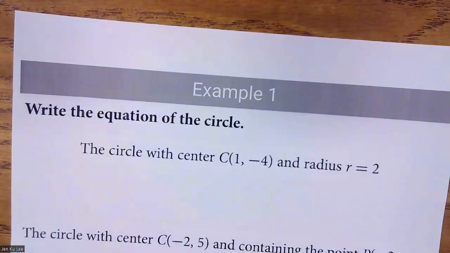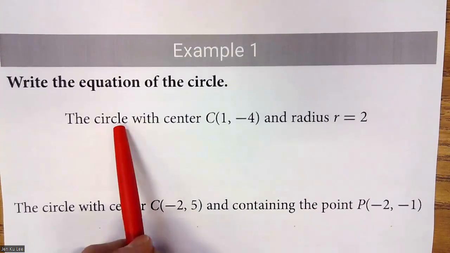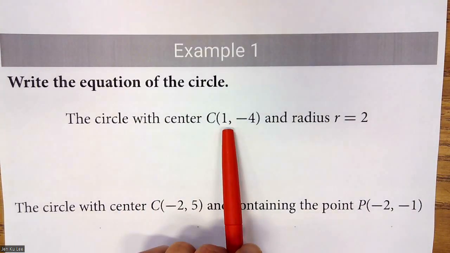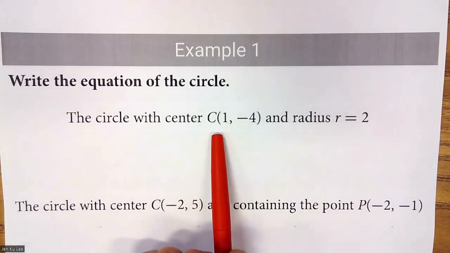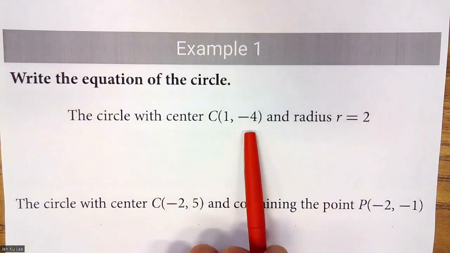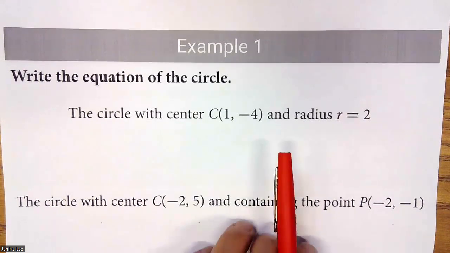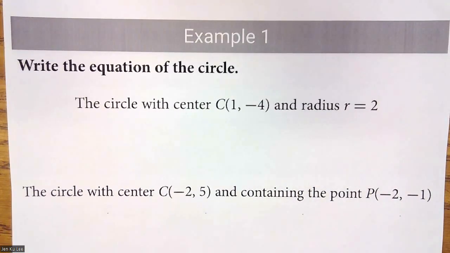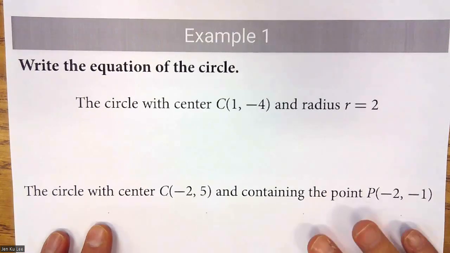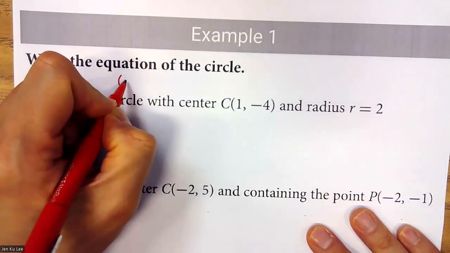So let's run through some examples of that and how we use that. It just says to write the equation of a circle with the center C, 1 comma -4, and your radius is 2. So again, I will write out the equation of a circle.